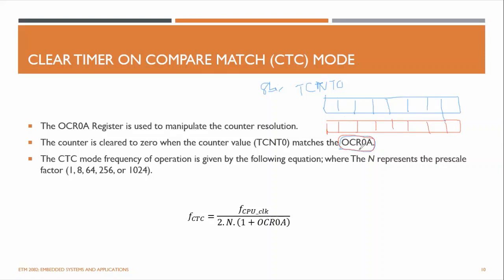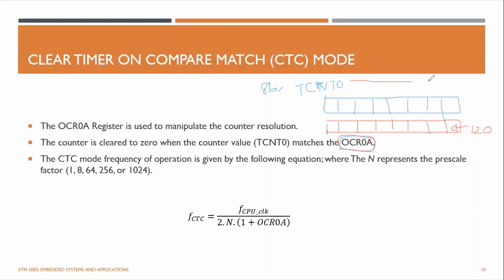When you're writing your code, you can set this register to any value, let's say 120. So now this value is updated to 120.